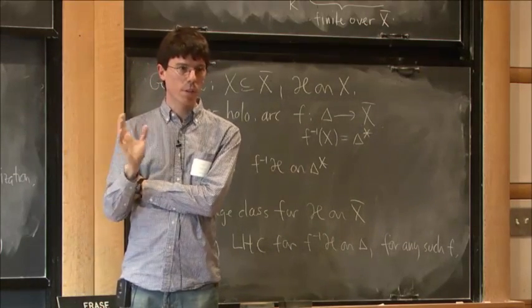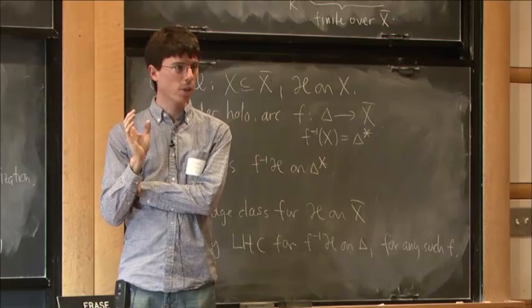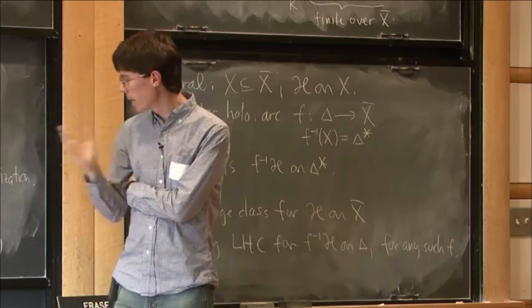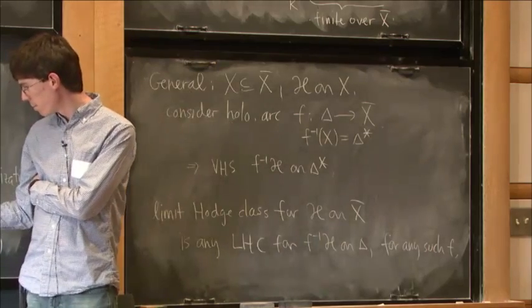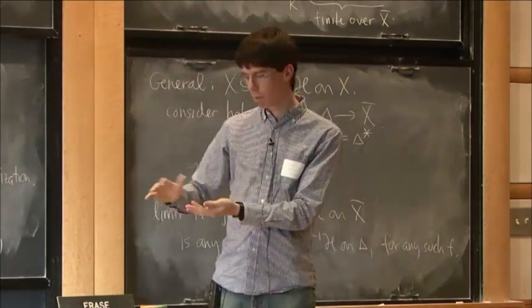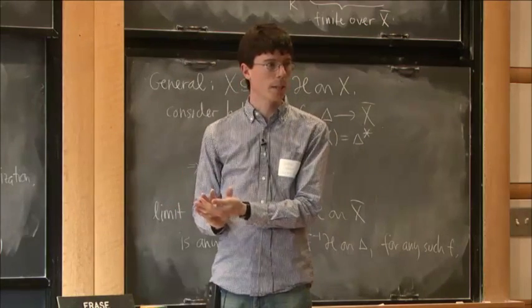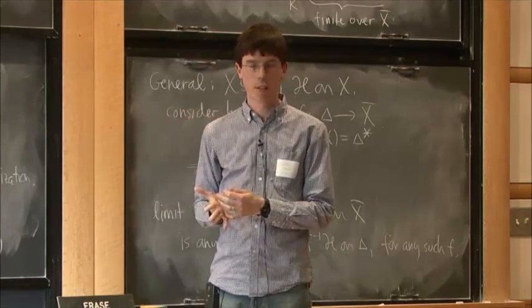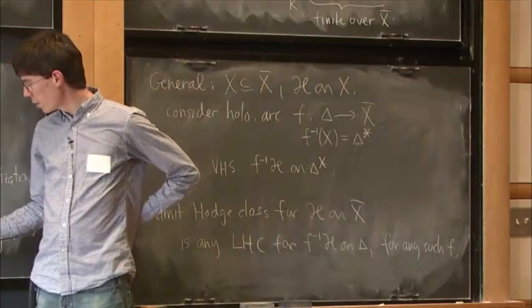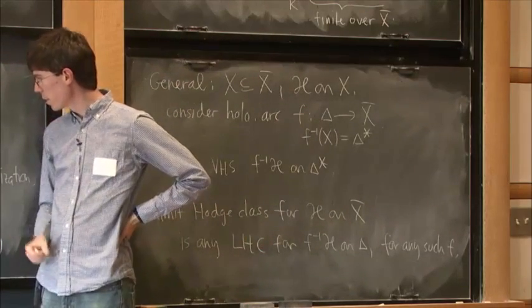So for example, a family of hypersurfaces in projective space, or a family of hyperplane sections of some given variety. In that case, this X bar would just be a projective space, so it's very nice, but the complement divisor would be very complicated. And then I don't know explicitly how to resolve it, and I don't know how to do anything. So it's for those kinds of cases.